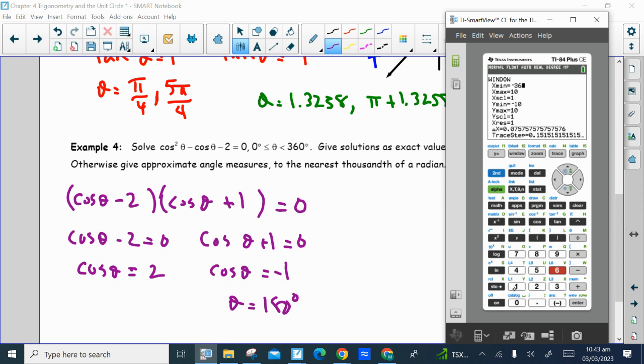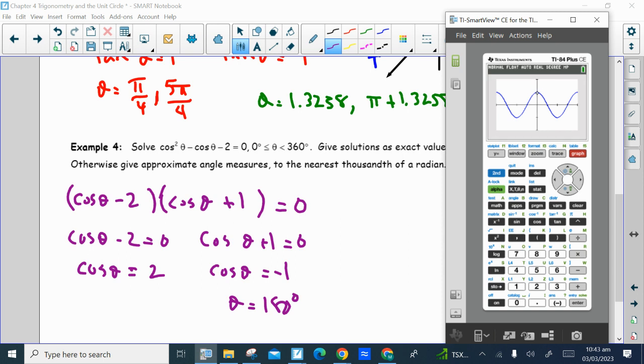I'll go from -360 degrees on the x-axis up to +360 degrees. I'm going to set my scale at every 90 degrees on the x-axis. And I'm going to change my y window between -2 and +2. And you're going to see why I chose those windows when I hit graph. So this is what the graph of cosine x looks like. Basically looks like a wave.